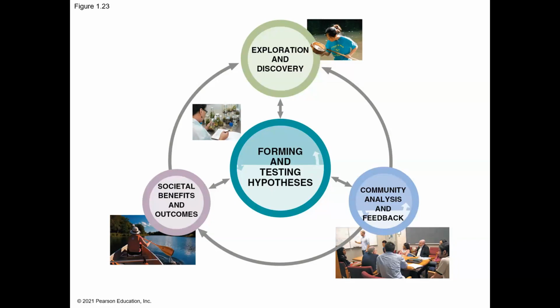And you get feedback from your peers. This is the process of having science journals that are peer reviewed. And a lot of times, these peers, the community, will give you feedback and ask new questions that can lead to new scientific experiments. So there are many different ways to form and test hypotheses.